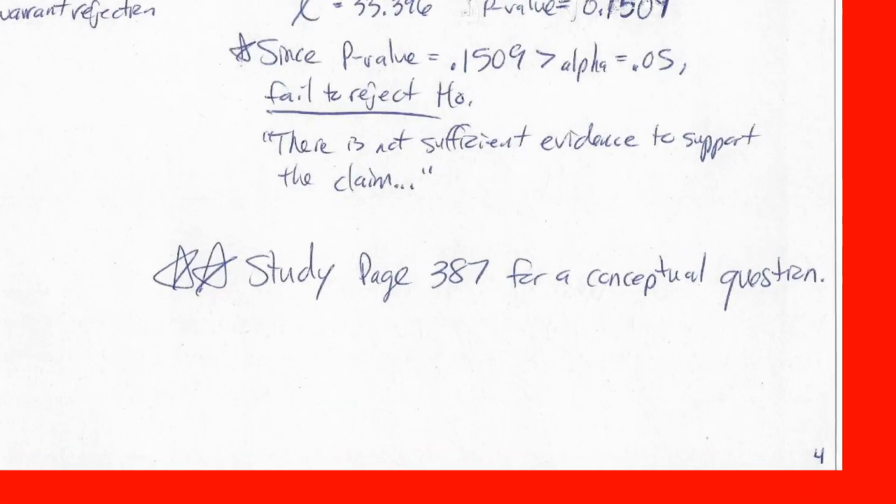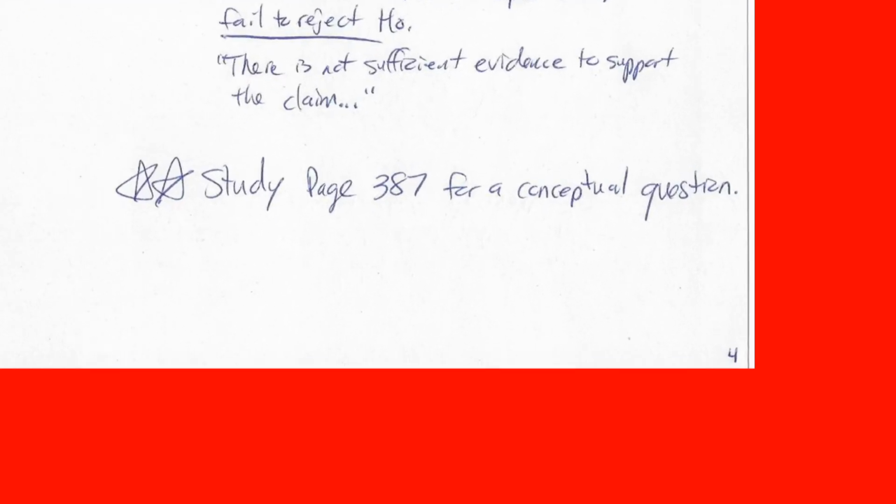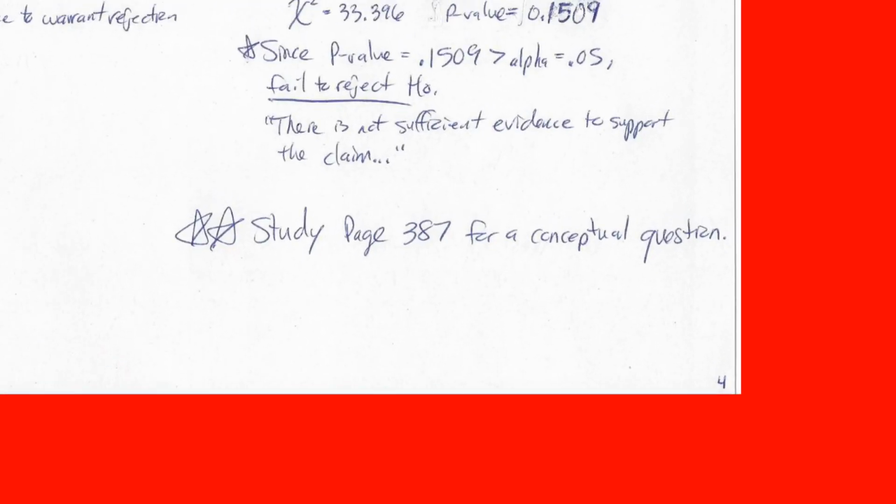Now, one last thing before we go, and that is you are going to get a conceptual question based on page 387. So just have this ready and open when you take the test so you can refer back to it when needed.